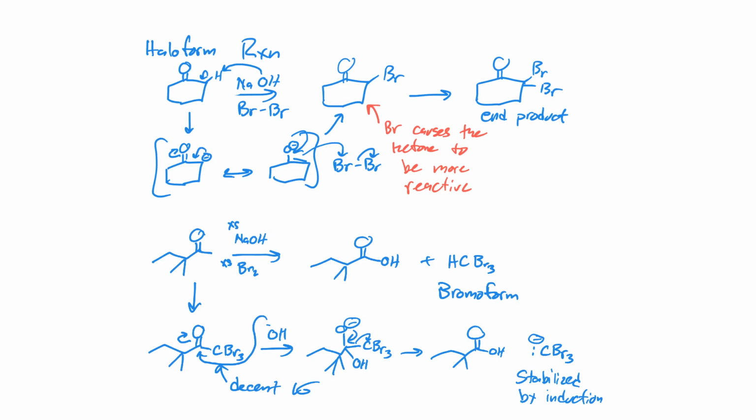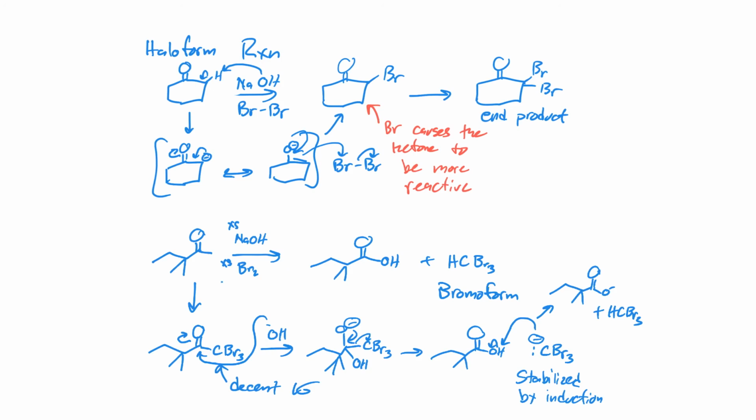Also, as soon as this CBr3 anion is formed, it is in close proximity to this newly formed strong acid. And so we can immediately deprotonate to make the carboxylate and bromoform. So this CBr3 anion does not stick around very long.